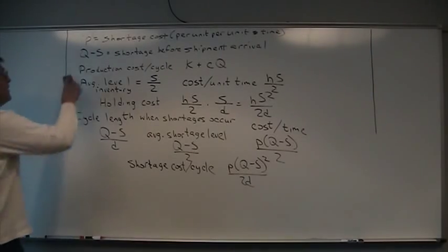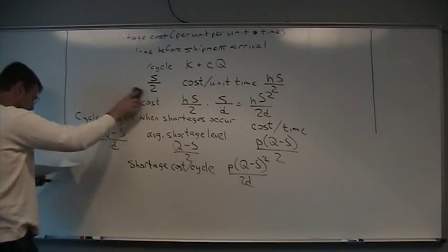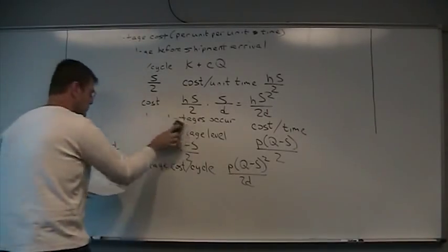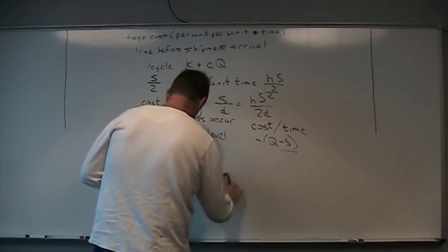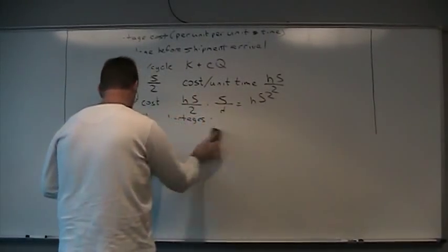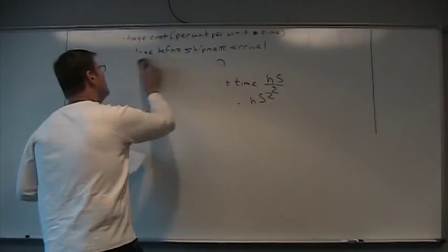Okay, so as we did in our simpler model, we're now going to put our values together here to get the total cost per cycle. We'll also get the total cost per unit time.